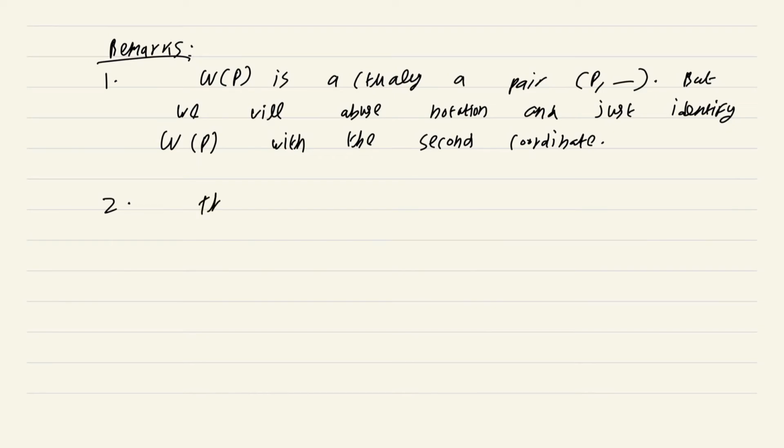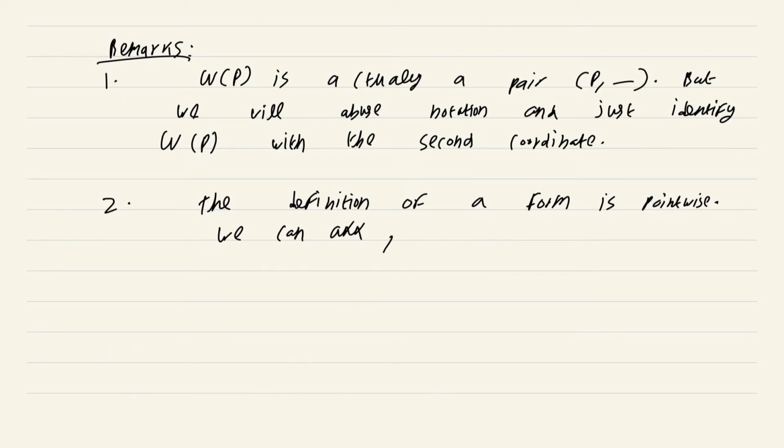The definition of a form is pointwise. That means at each point you assign to it an alternating k-form, right? So it is pointwise, so we can do pointwise operations. So we can add and multiply by scalar.